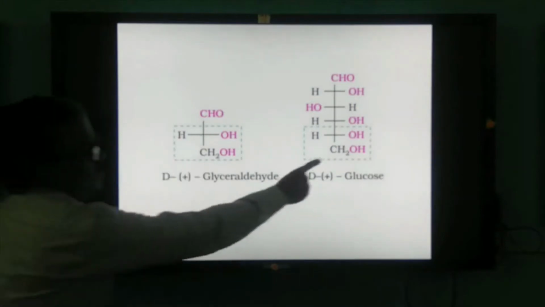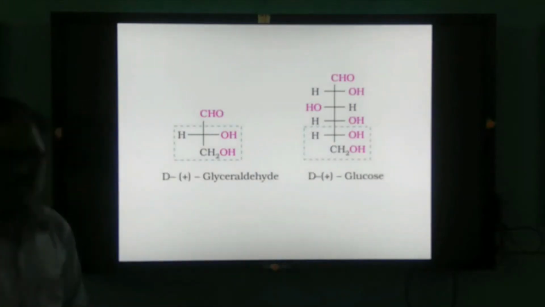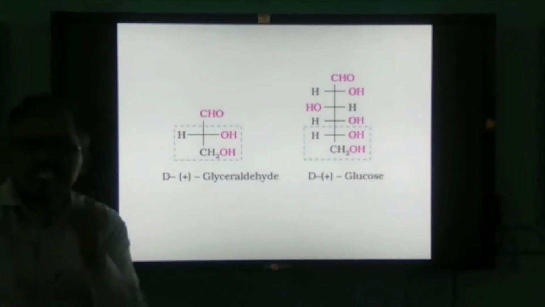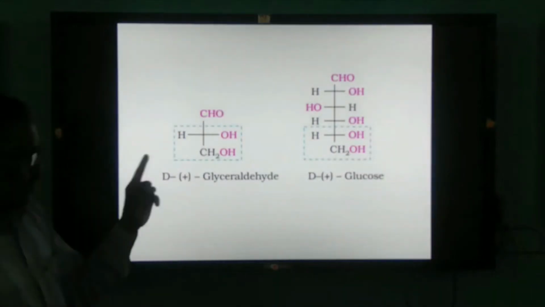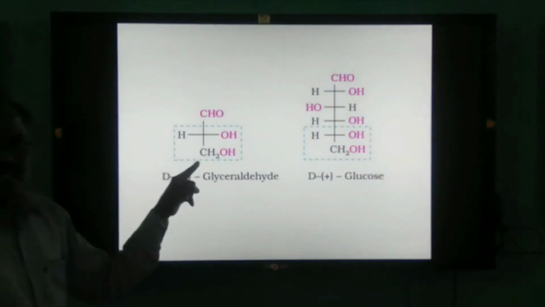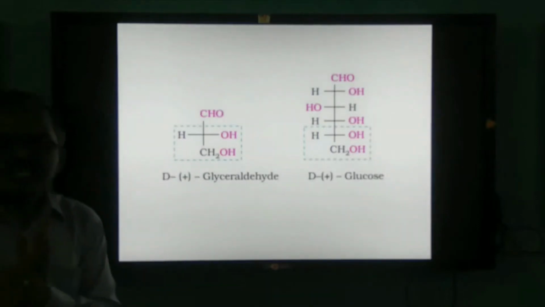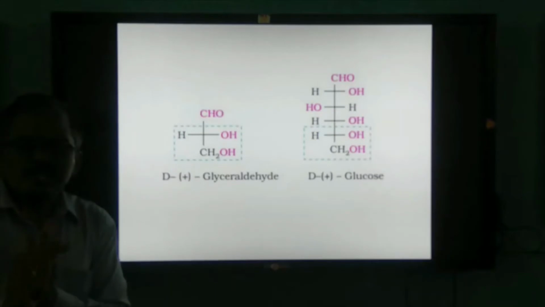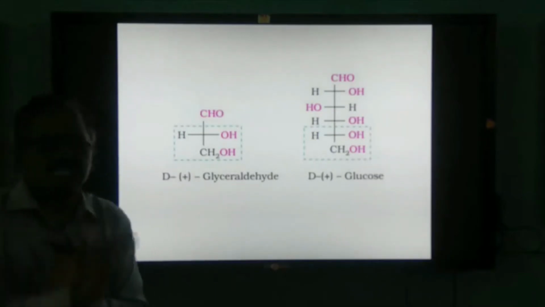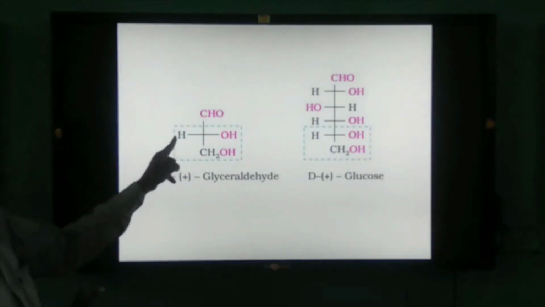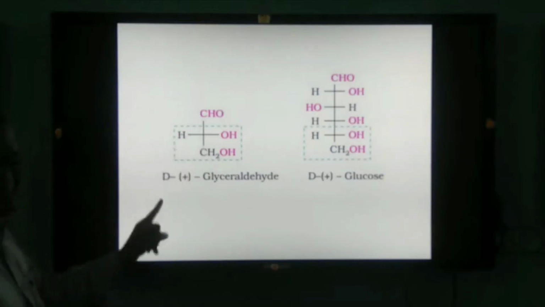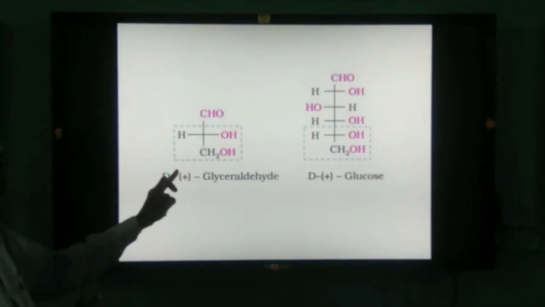This is also having CH2OH, H, OH. So now the orientation or spatial arrangement of the lowest asymmetric carbon on both the carbons is the same. So therefore this is H on the left side, OH on the right side. So therefore this is called capital D plus glyceraldehyde.